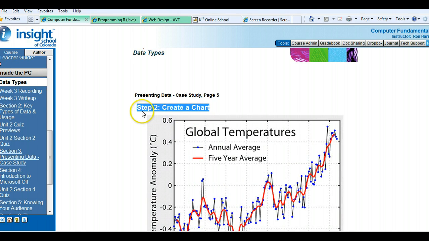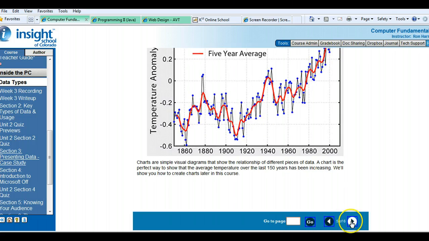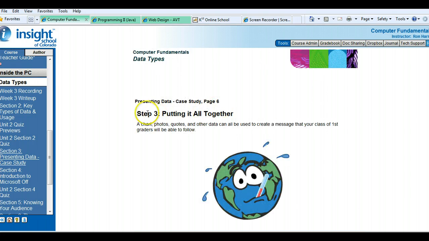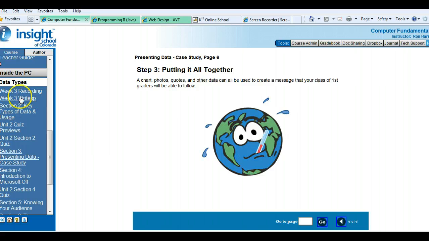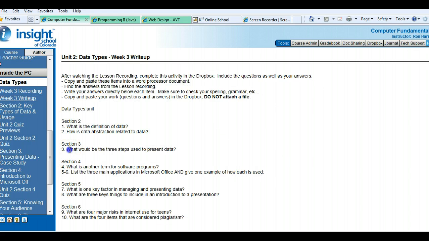So step number 2 in presenting data is to create a chart or some form of visual. Third step in presenting data is you put it all together so that it creates a good message. So those are the 3 steps in presenting data, and that was the Class Connect write-up question. So that's section 3. So go back to the write-up. That was the answer to the 3 steps right there.